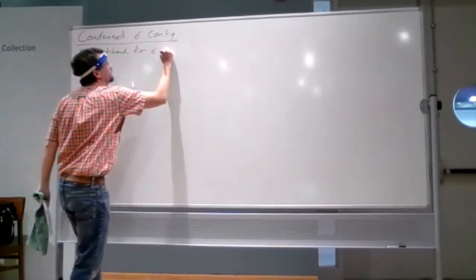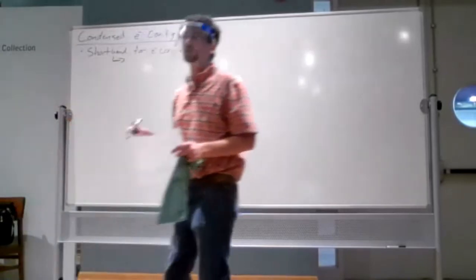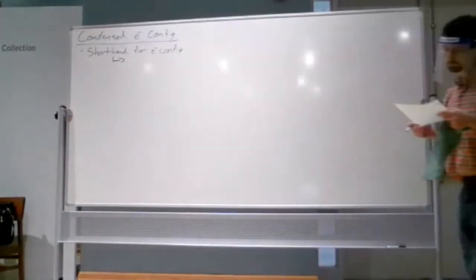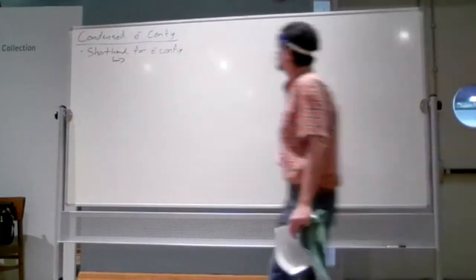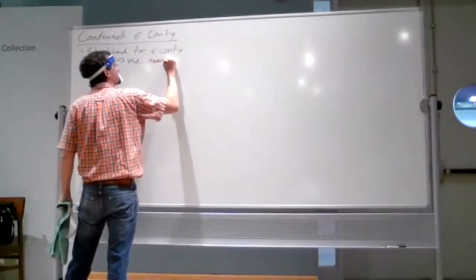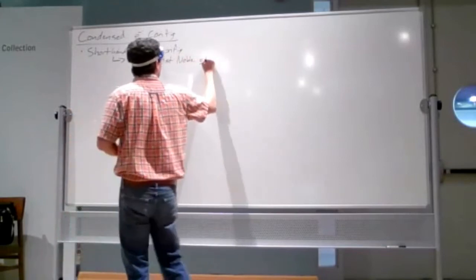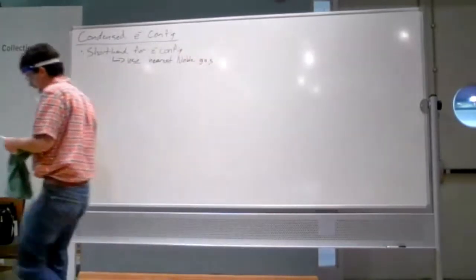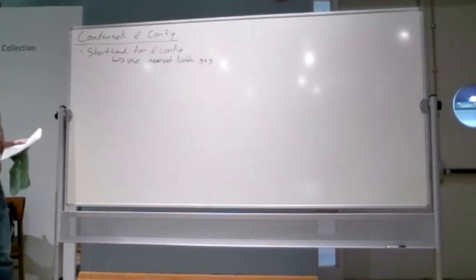What you do, you find the nearest noble gas and you utilize its configuration. Use nearest noble gas. That's how you spell noble, right? You get Nobel and noble screwed up constantly.